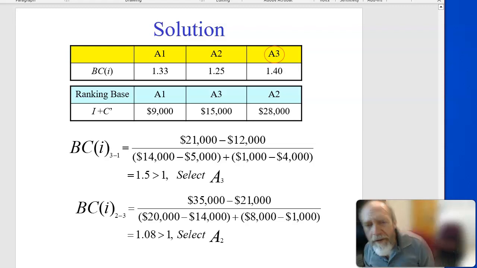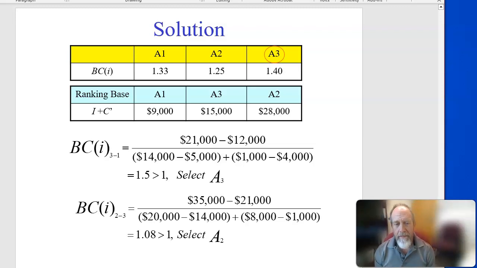If that is greater than 1, that means that project is going to be a better project than the one you're evaluating it against. And just like in incremental analysis, if we had more than one project to look at, we simply compared 2 of them, picked the better one, compared it to the other one, picked the better one.